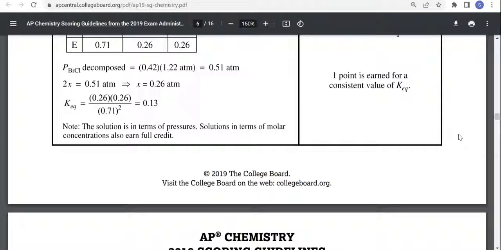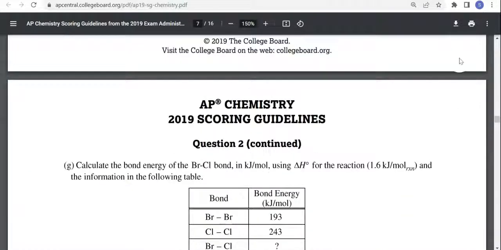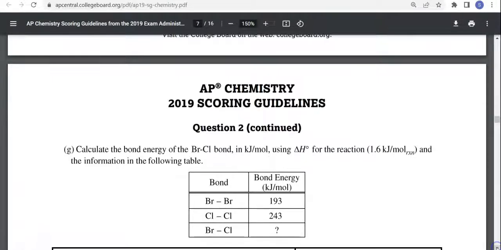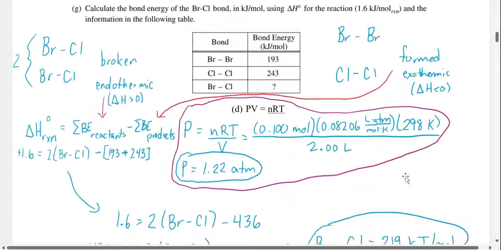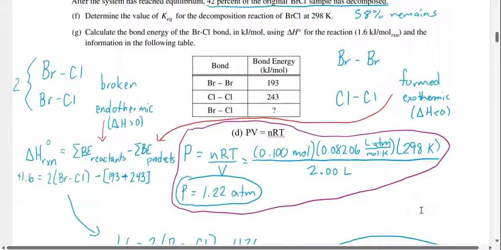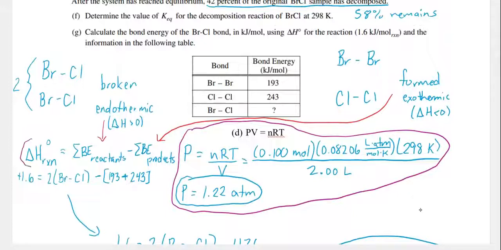Okay, and then lastly, using this table, we had to calculate the bond energy of the BrCl bond, and I said for that, we're going to use this equation here. Delta H of the reaction is the sum of the bond energies of the reactants minus the sum of the bond energies of the products, because reactant bonds are broken, which is a positive delta H, endothermic.